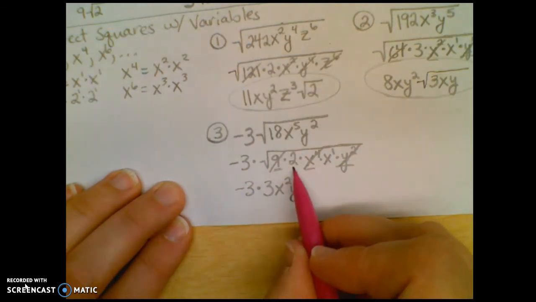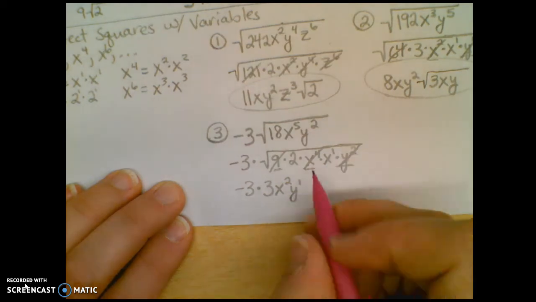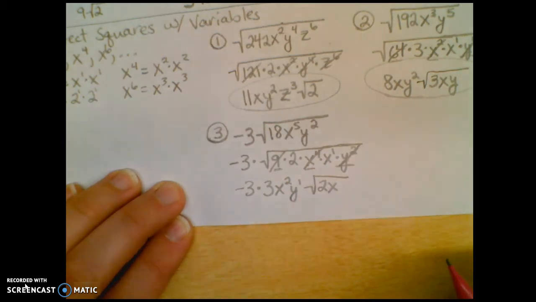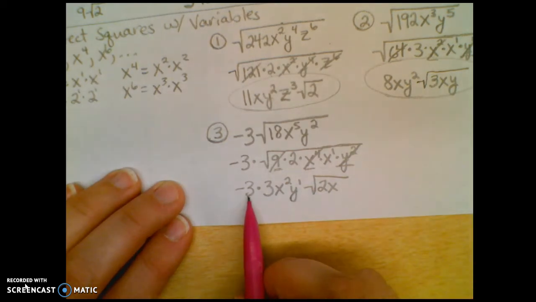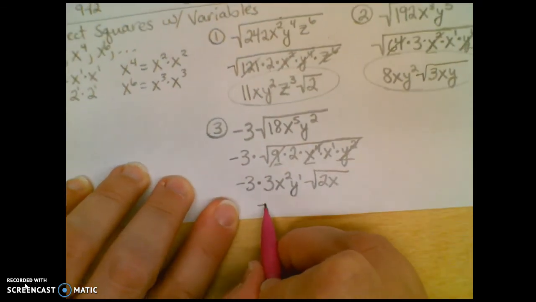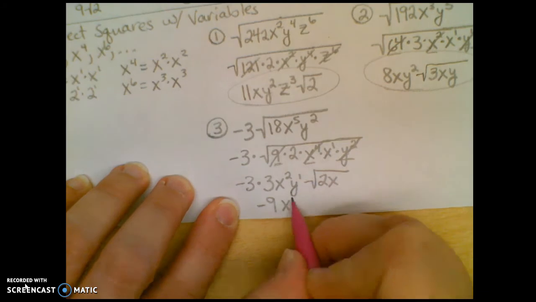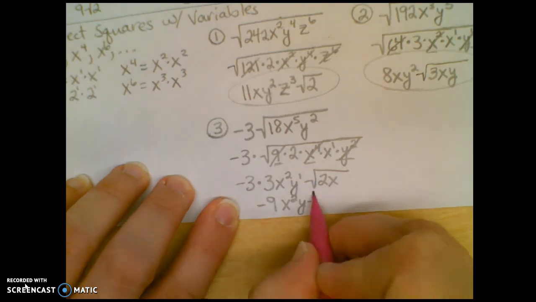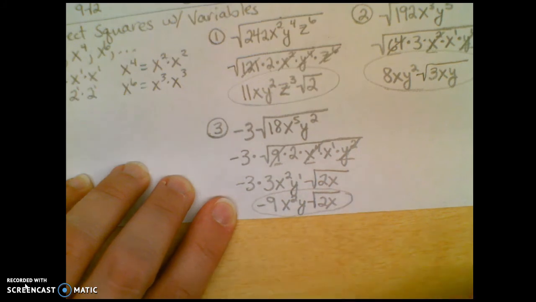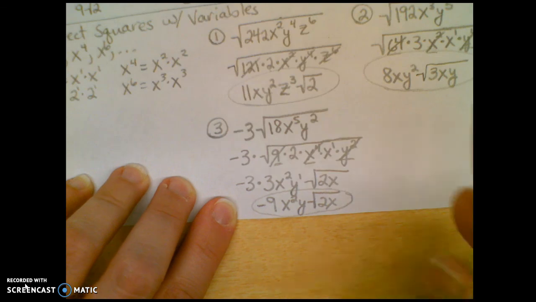And then my remaining factors, 2 and x to the first, are not perfect squares, so they remain in the root. And then I can multiply these two because now they are both integers, and I can multiply them and get -9 x squared y to the first square root of 2x. And that's how you simplify square roots with variables.